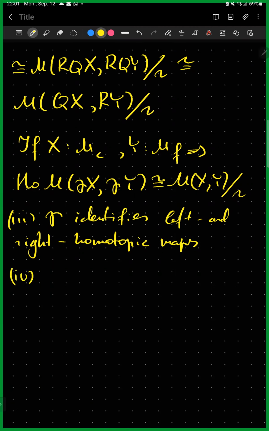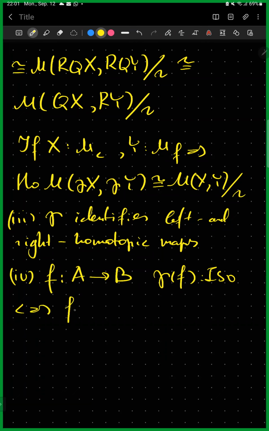And to conclude all this, it is the saturation property of model categories that F between A and B is mapped to an isomorphism in the homotopy category if and only if F is a weak equivalence.